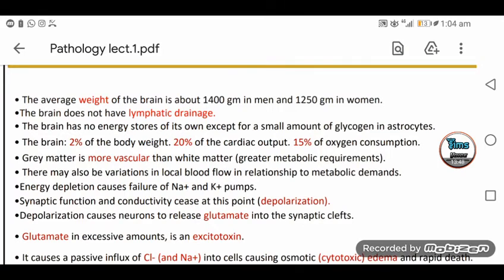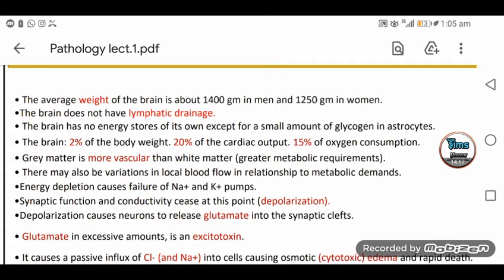The gray matter is more vascular than the white matter, as it has greater metabolic requirements. The gray matter contains the bodies of the neurons as well as the blood vessels. It's more vascular because the body of the neuron has greater metabolic requirements than the axons, which exist in the white matter.